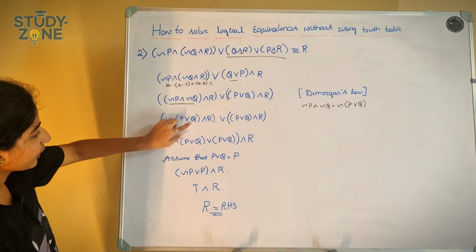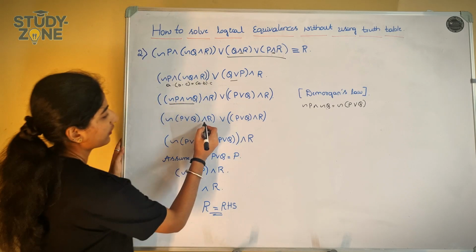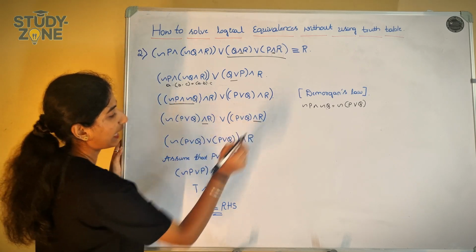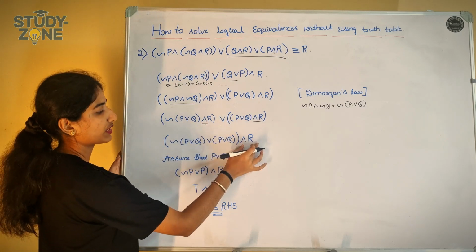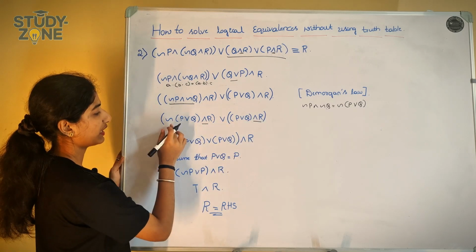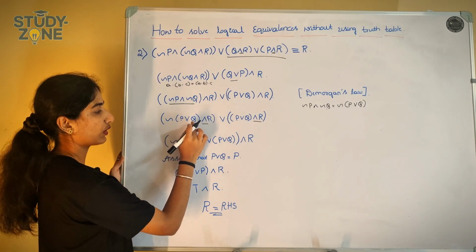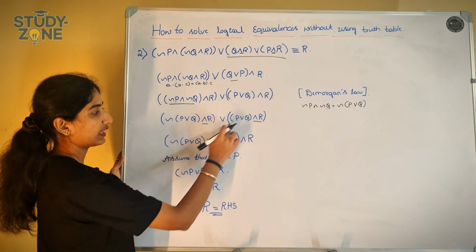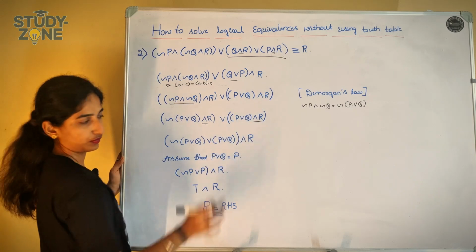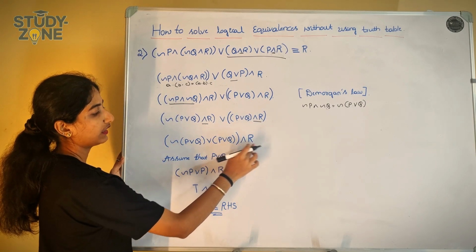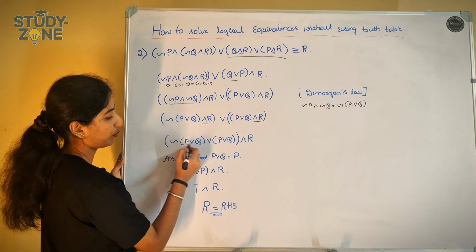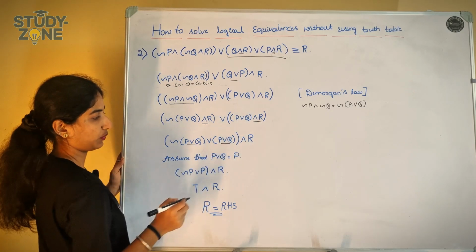Now look at this. Here also same thing. Here we have and R and here also and R. So now also we can take this R outside, that is the common term outside. So the remaining term is negation of P or Q, or P or Q. So negation of P or Q or P or Q, and R. So now here we have P or Q and here also we have P or Q, right?